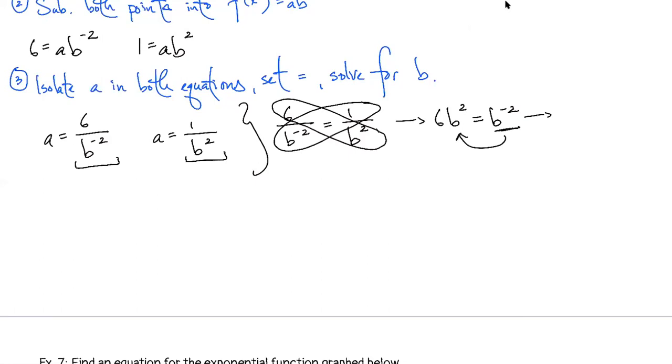Yeah, you divide it. Good, good. Okay. So I'm going to get b squared over b to the -2 equals, if I divide by 6, what's on the right-hand side? One over 6. Very nice.